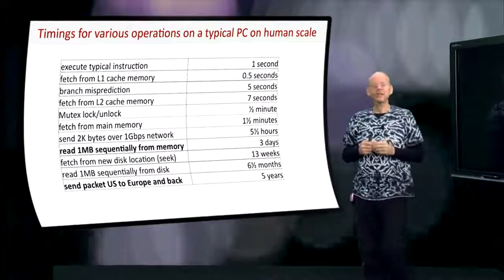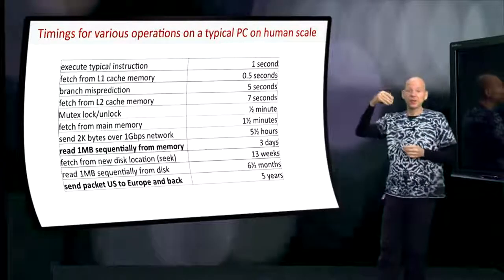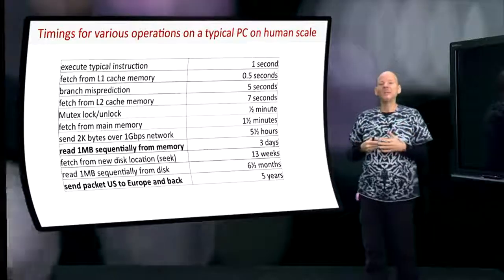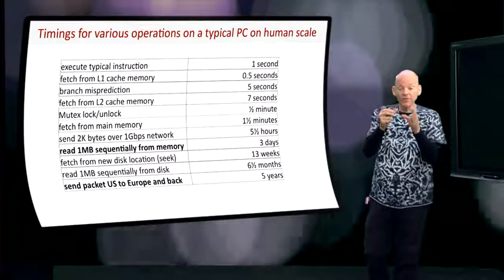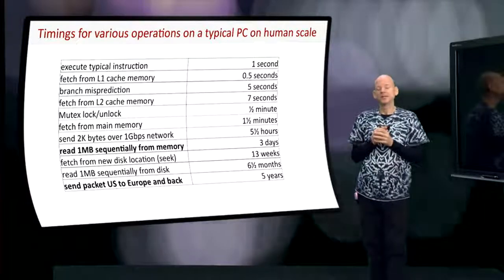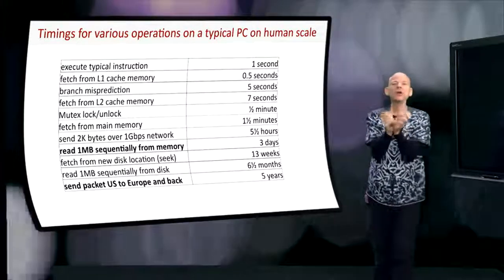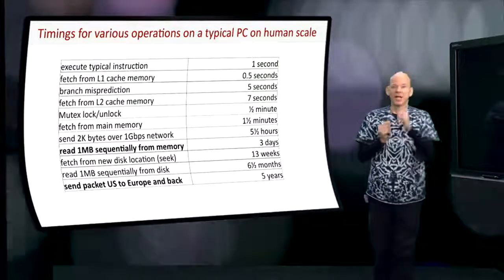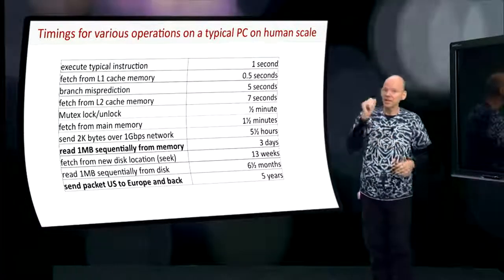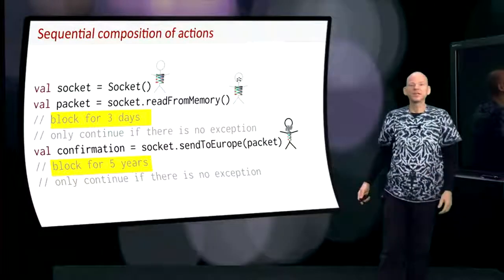If you look at sending a packet from the US to Europe and back, in human times, that takes 5 years. So underneath that simple program was hidden some enormous latency, some enormous time that this computation took. And that was not visible in the type. So let's make that visible in the type again.